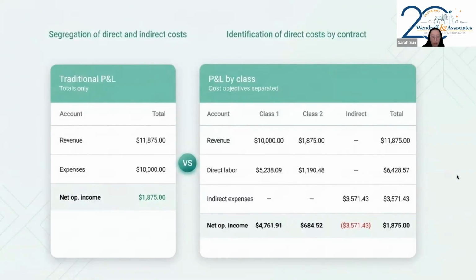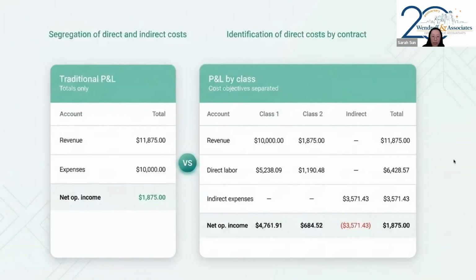After all the indirect expenses, the bottom line is net operating income for the company. So you can see that by implementing the chart of accounts, you will be able to separate direct and indirect cost in your accounting system.